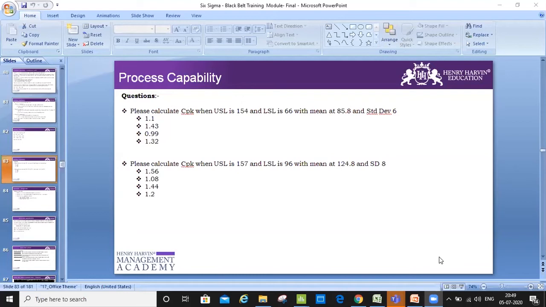In the RANDBETWEEN function, the data will not be normally distributed, but using the Data Analysis tool we can generate random numbers which are normally distributed. In that case nearly 60 to 70% of the numbers would be around the mean. So in that case CP and CPK would improve. We have to try that.